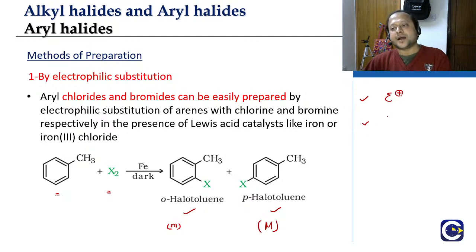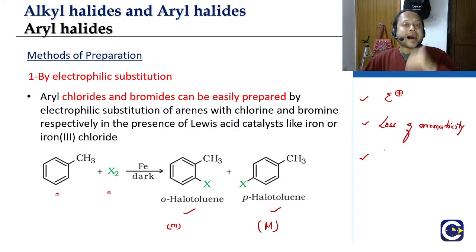So in the second part, loss of aromaticity takes place, and in the third part it expels the hydrogen so as to regain its aromaticity, and there you get the final product, because right now it has a hydrogen here and a hydrogen on the other side also. So these two will be substituted.